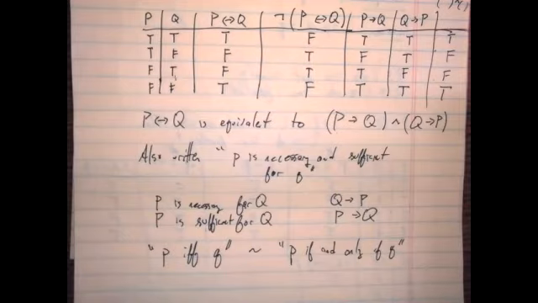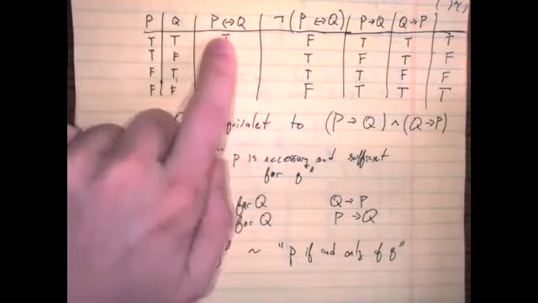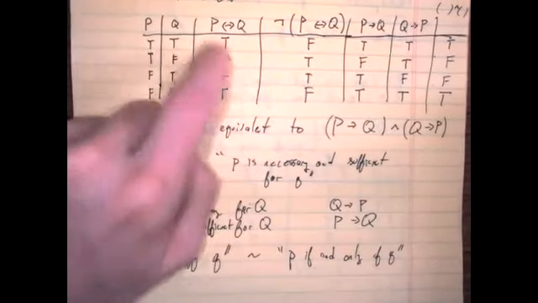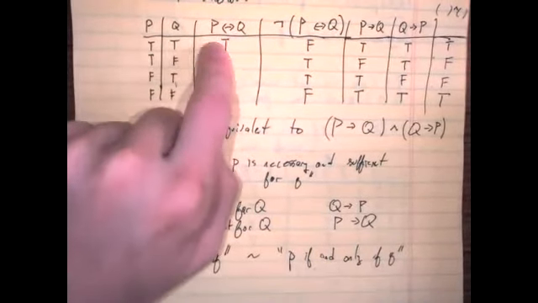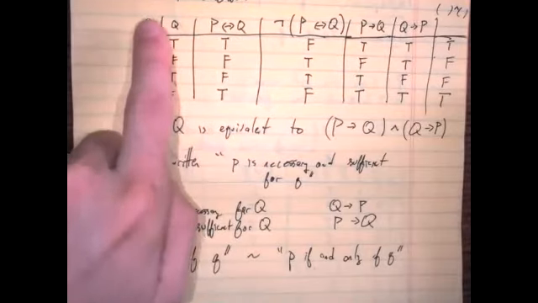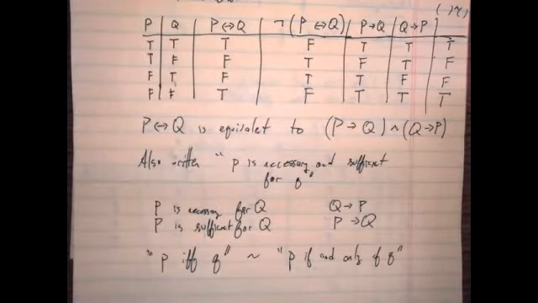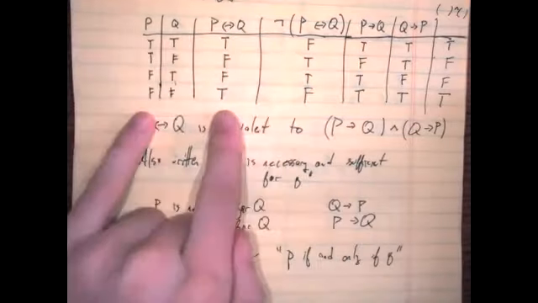Okay, at this point, I just want to give a brief summary of what we have done in this section, which is 1.1, which you can think of in two ways. The way that I think about it is we have introduced a bunch of ways of building new propositions out of more basic propositions. And you can essentially think that we are taking symbols and assigning rules for what the truth value of this symbol is in terms of the truth values of P and Q. That's one very abstract way to look at it.